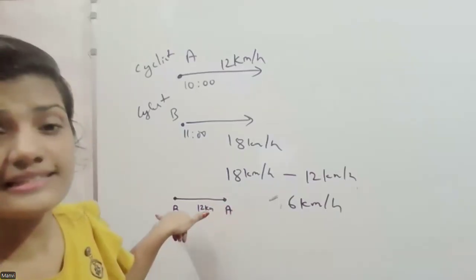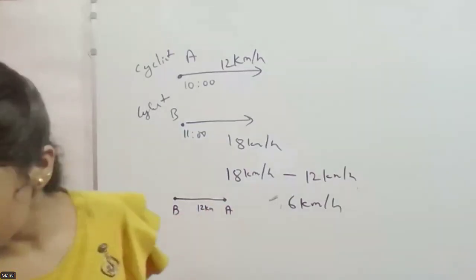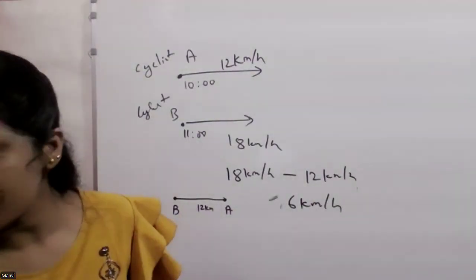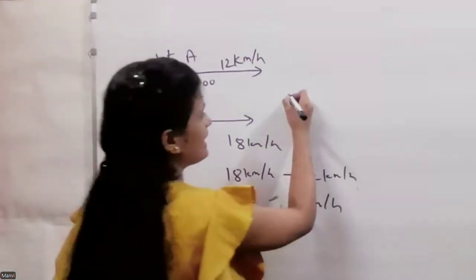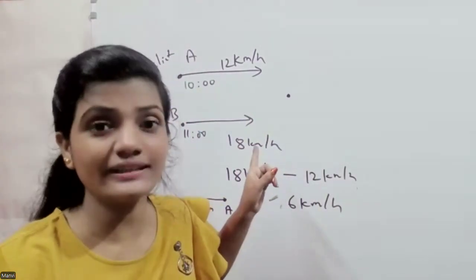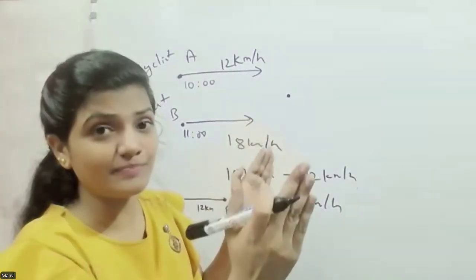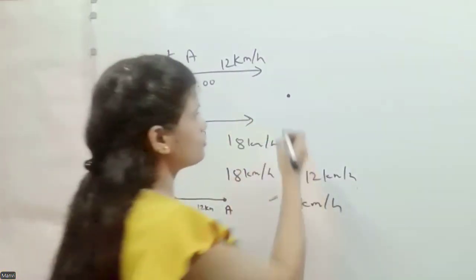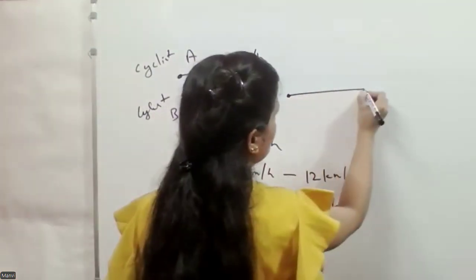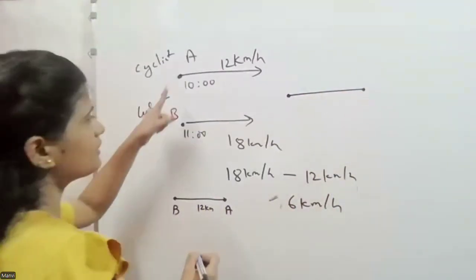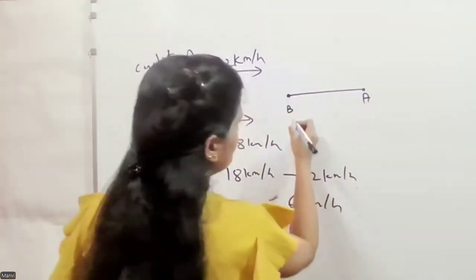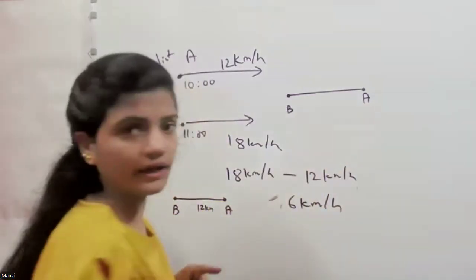Why do we need to cover this gap? Because the question says to work out the time when the second cyclist catches the first. Catching the first means, as in the earlier question, that they are both at the same place. So in 1 hour, A is at 12 kilometers, B is at 0.